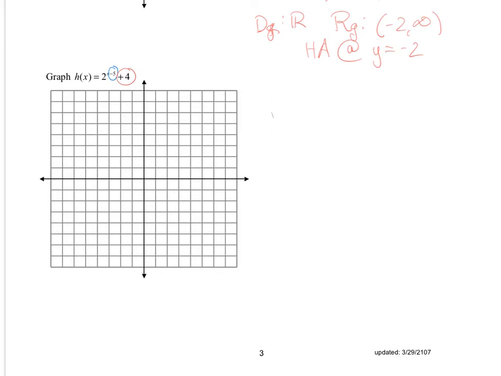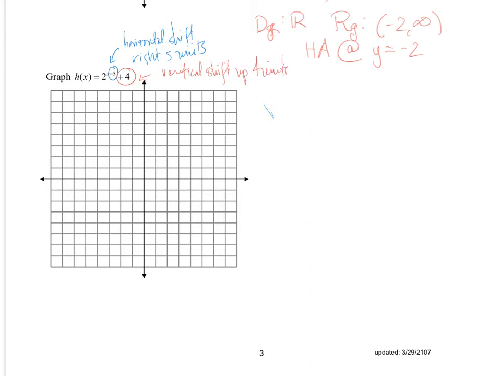Well, this -5, hopefully you can recognize as a horizontal shift right 5 units. And then this +4 represents a vertical shift up 4 units.